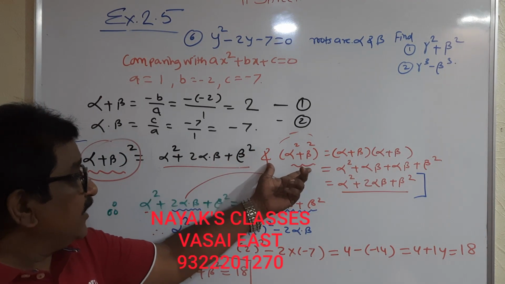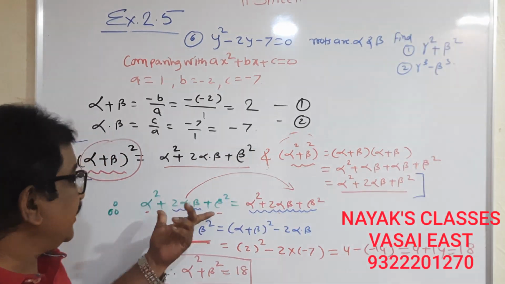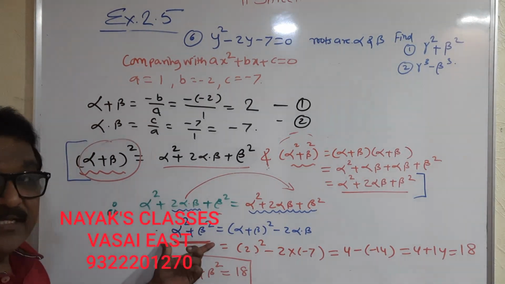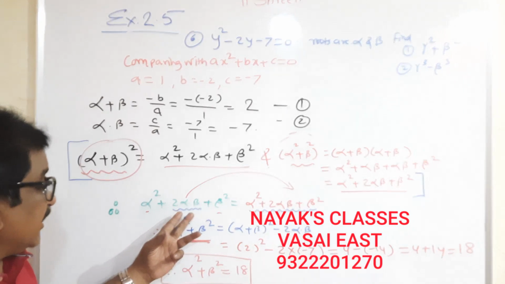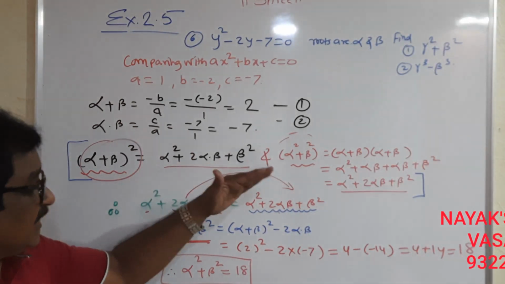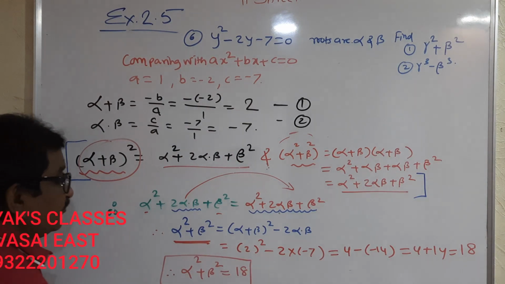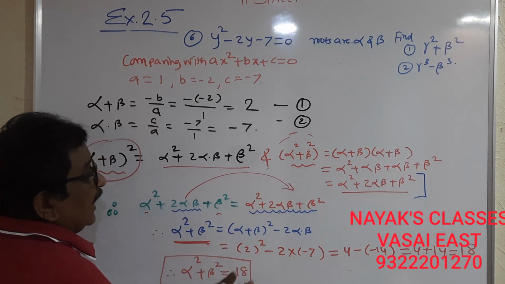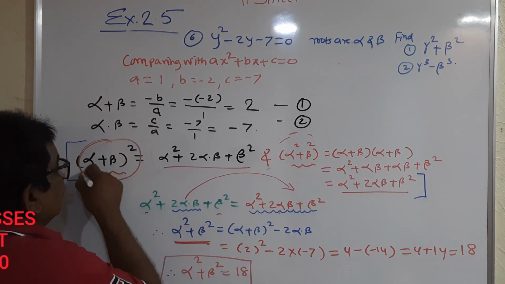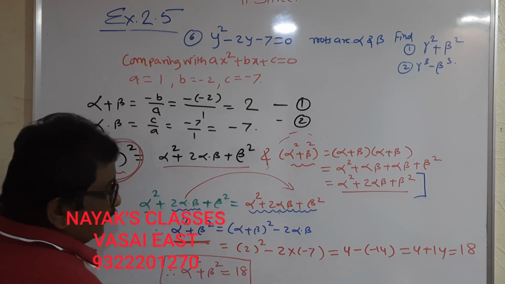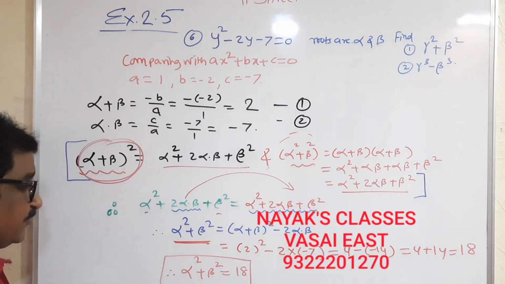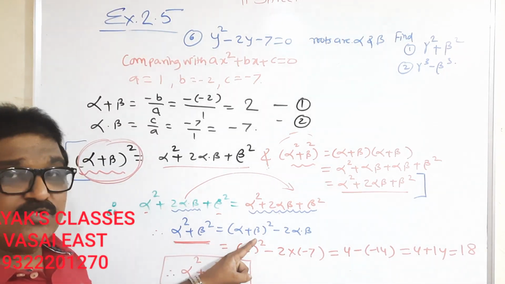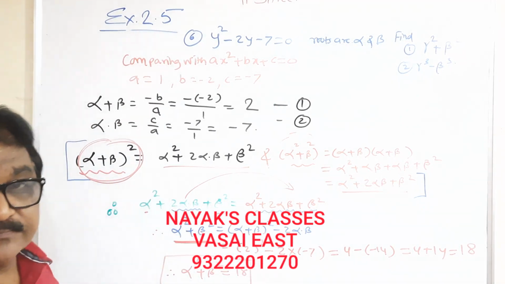Those two identities have same value. I kept alpha square plus beta square to LHS, and I have sent this 2 alpha beta to right hand side. And one more thing, instead of writing alpha square plus 2 alpha beta plus beta square, I have taken the compact size of an identity, alpha plus beta the whole square. So we need alpha square plus beta square. It is alpha plus beta the whole square minus 2 alpha beta.